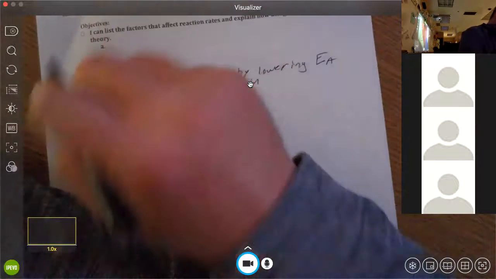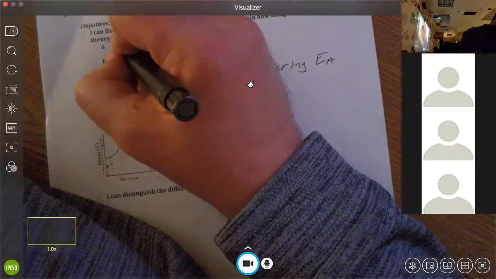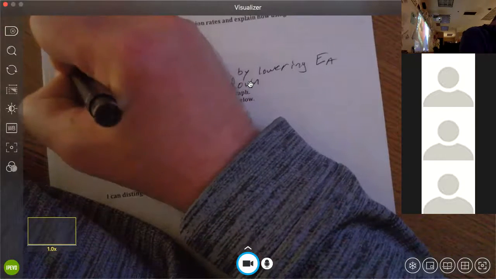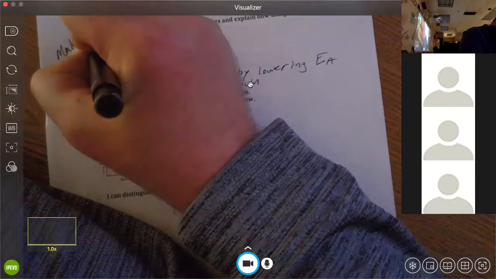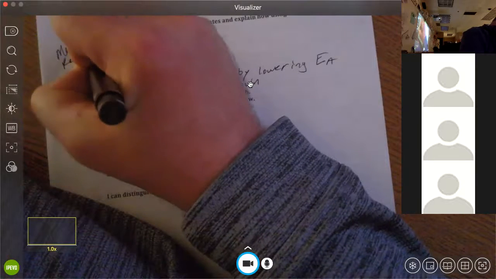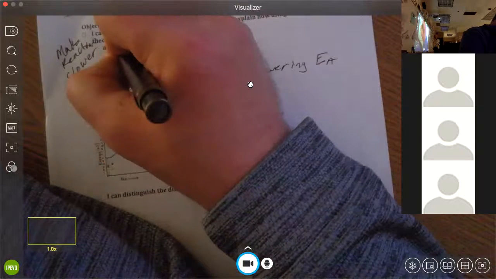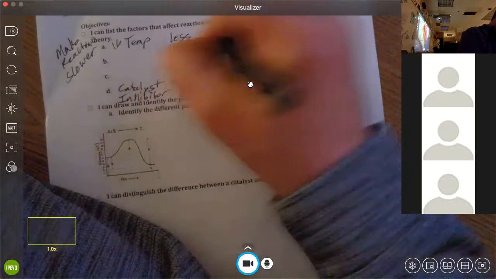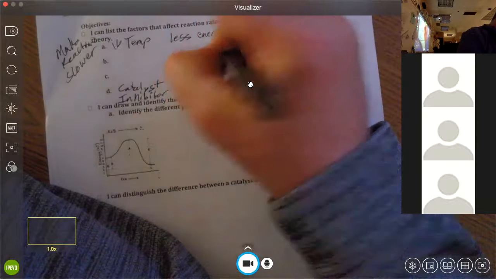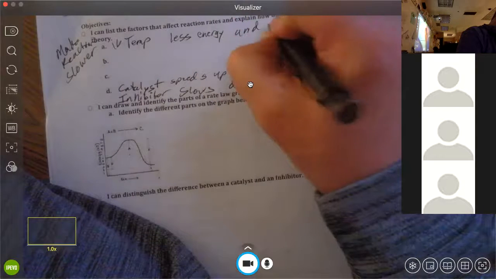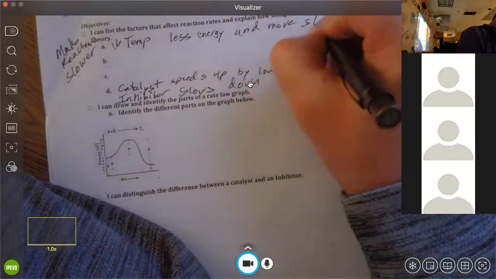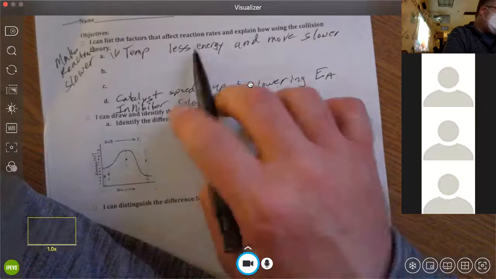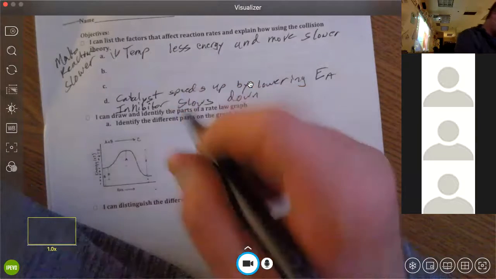We could also decrease temperature to make reactions slower. We're decreasing temperature, so we're going to put a down arrow in temperature: less energy, and move slower. If they're moving slower, there's going to be fewer collisions, and if they have less energy, there's going to be fewer successful collisions.